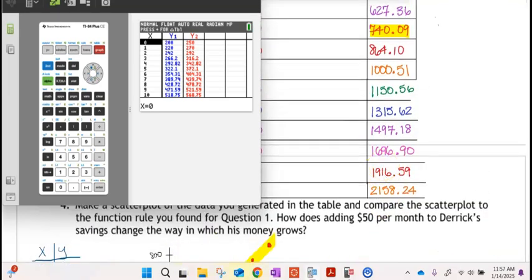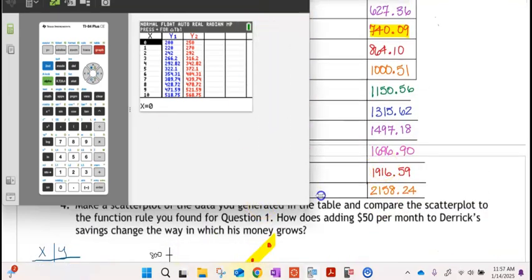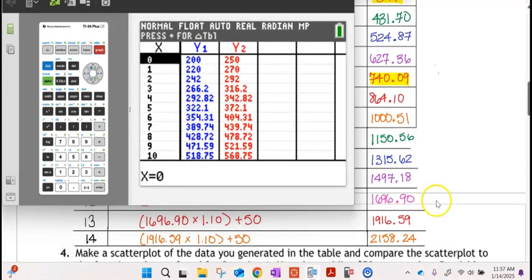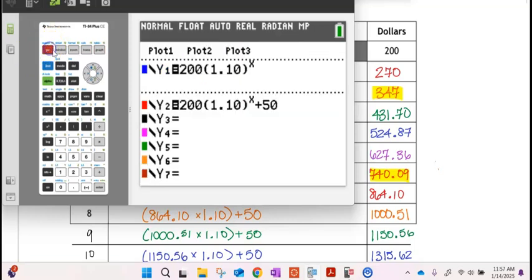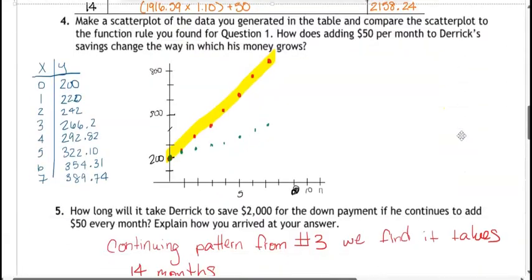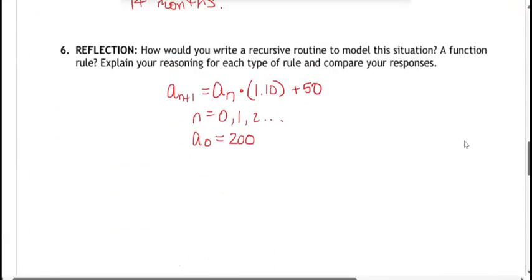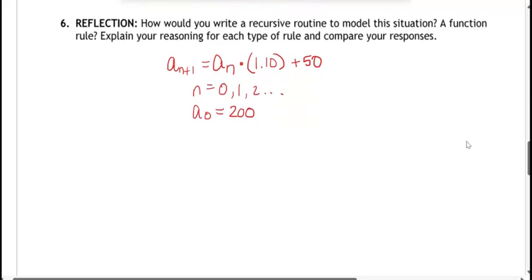If I put them side by side and look at these two tables that I have right here, Y2 does not correspond with this that I have right here. That 270 sure does, but then the next number was 347, but the next number over here is 292. So you see, I can't just take that function rule and just add 50 to it because that's not how it works. There's no real function rule that I could use for this equation.